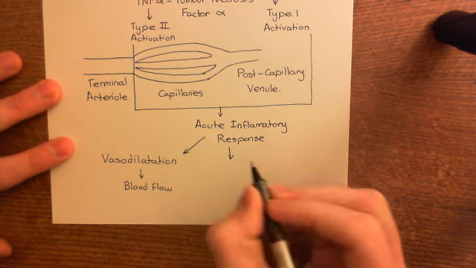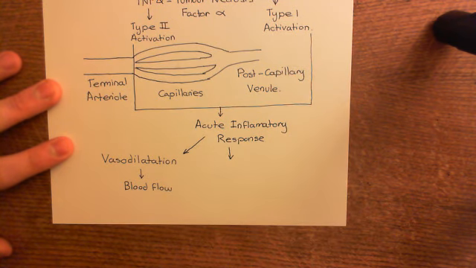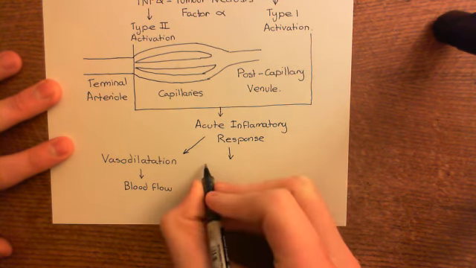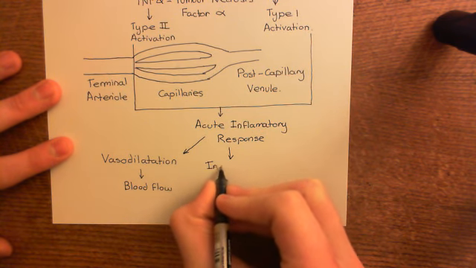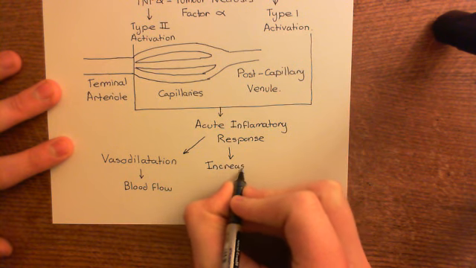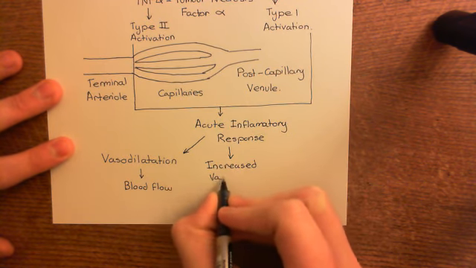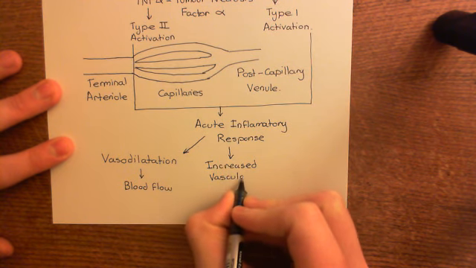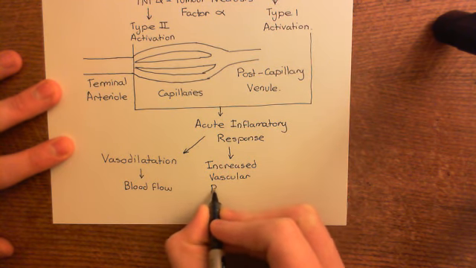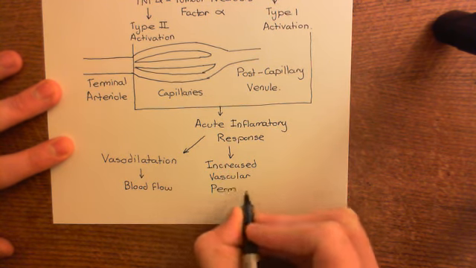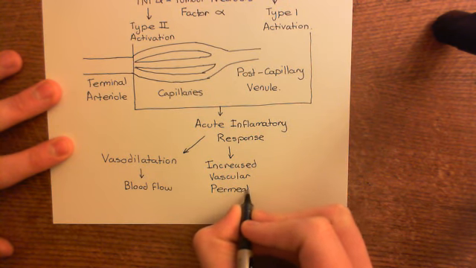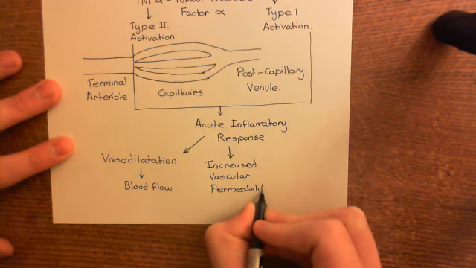Okay, right. Then you also get increased vascular permeability. Right, so what's basically going to happen is that the endothelial cells are going to retract their outermost portions, basically.